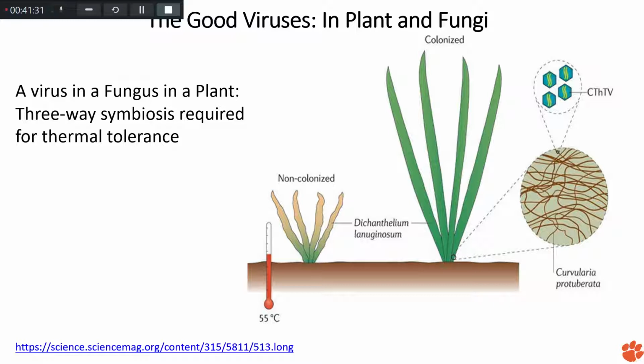And then the third agent is right here, a virus, which is the Curvularia thermal tolerance virus. This virus actually infects the Curvularia, and when it does, this gives thermal tolerance to the grass.